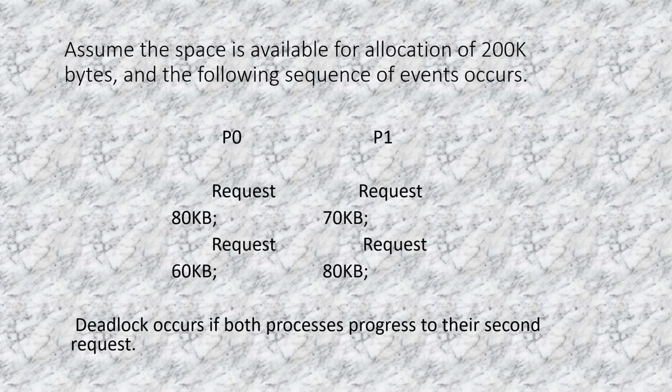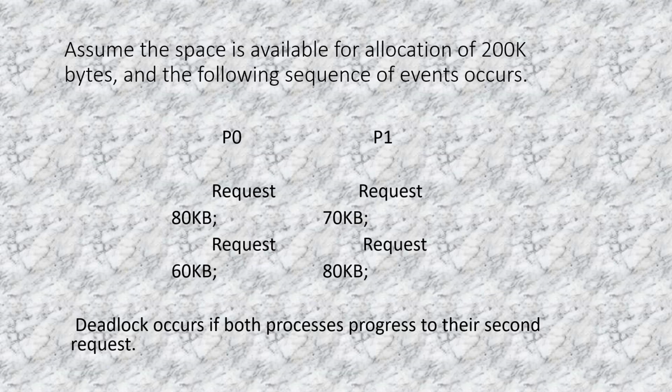Now, the statement mentions that a deadlock in this context means that neither process can proceed because each is waiting for the other to release the resources it needs to continue. In this case, if both P0 and P1 progress to their second request, they will be holding onto memory that the other process needs to proceed.